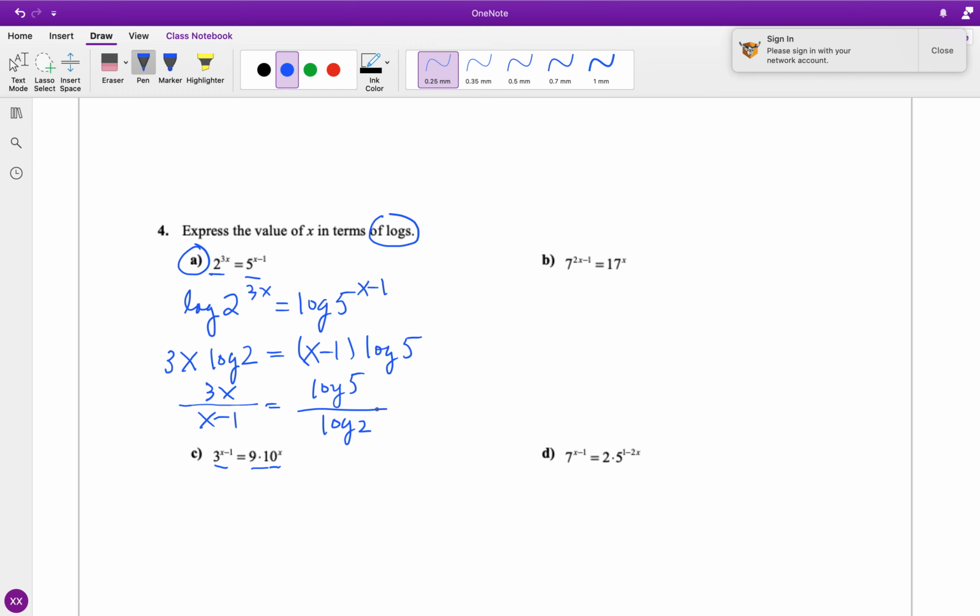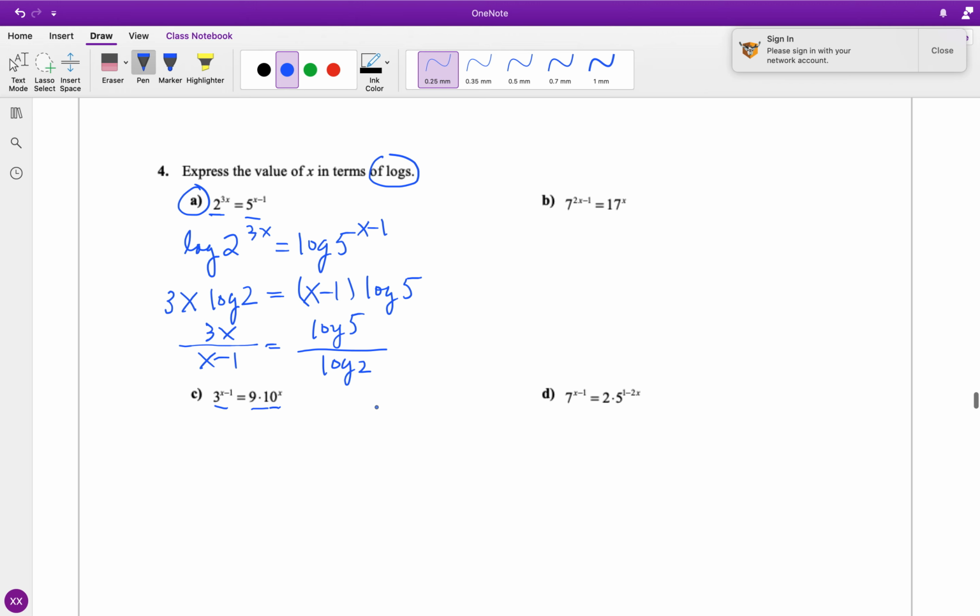Okay, now some of you, when it gets to here, you might find, oh my gosh, what's going on here? Well, cross multiply, so that means 3x log 2 equals, this goes over there, log 5 multiplied by x, subtract log 5.